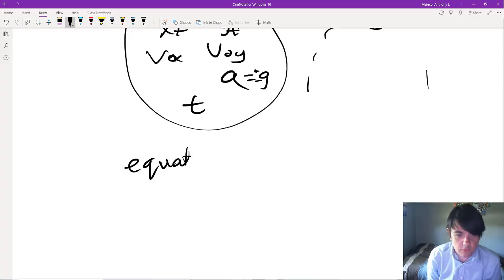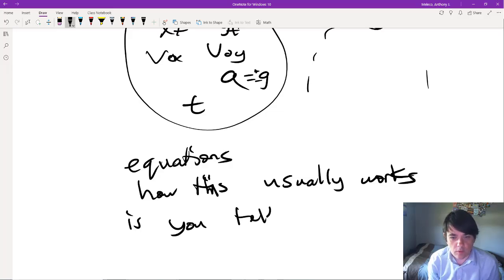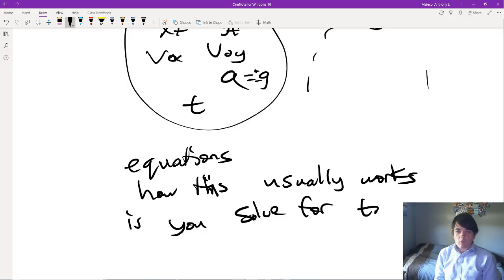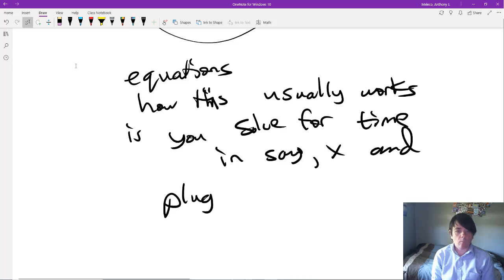After knowns and unknowns, there are equations. And how this typically works is you solve for time in, say, x, and plug into y, or vice versa.